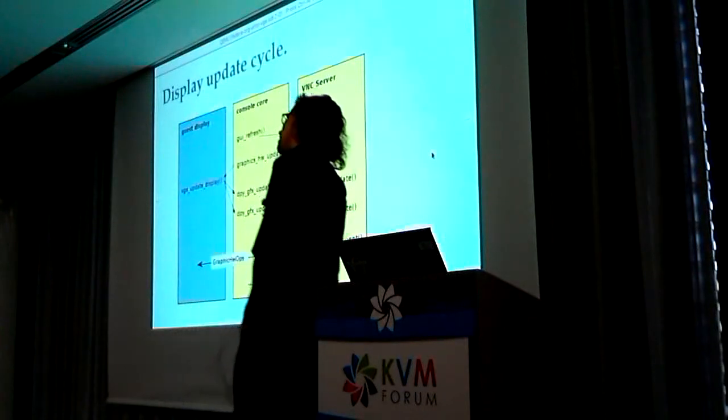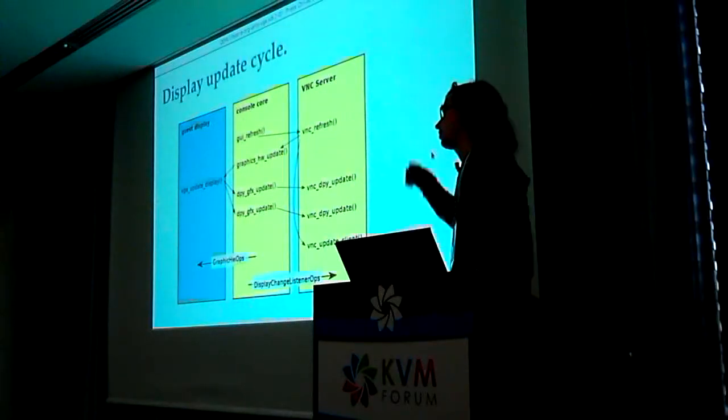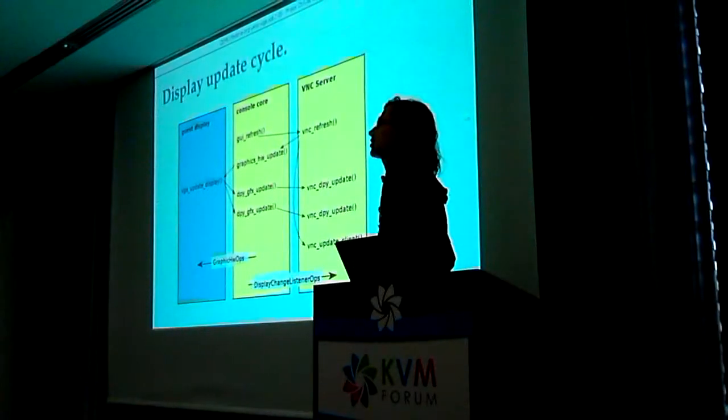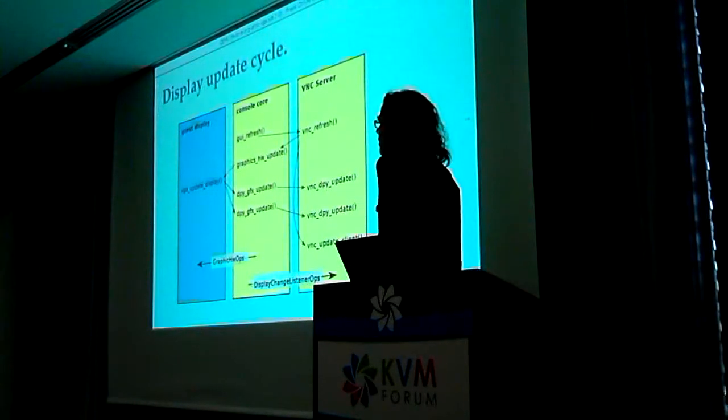And then the VGA emulation typically goes checking the dirty bitmaps to figure out which areas of the screen the guest has updated, and will again call the graphics update for those regions. And if more than one region has been updated, it can give you multiple of these calls.